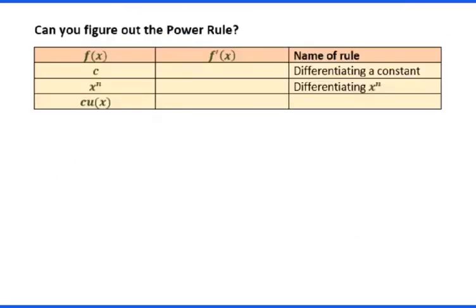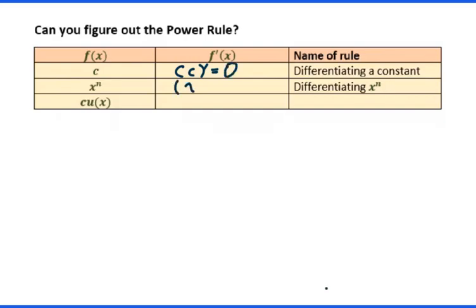So we can draw a conclusion that the derivative of a constant number will be 0, because the slope of a constant number is a horizontal line, slope equals 0.